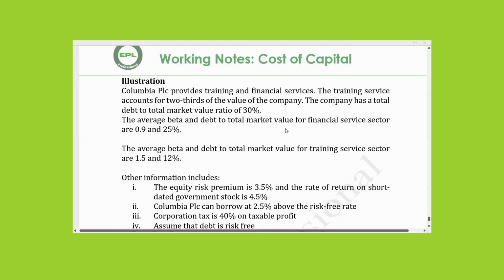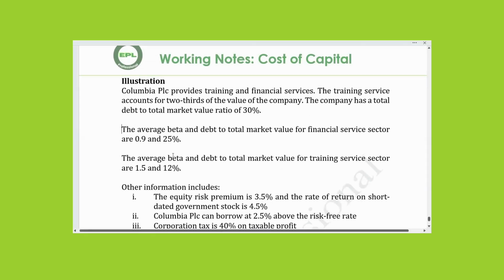Yeah, I can. Columbia PLC provides training and financial services. The training service accounts for 2/3 of the value of the company. The company has a total debt to total market value ratio of 30%. The average beta and debt to total market value for financial service sector are 0.9 and 25%. The average beta and debt to total market value for training service sector are 1.5 and 12%.